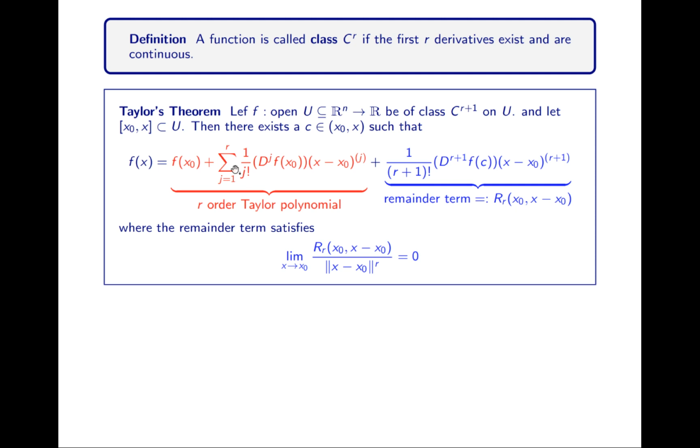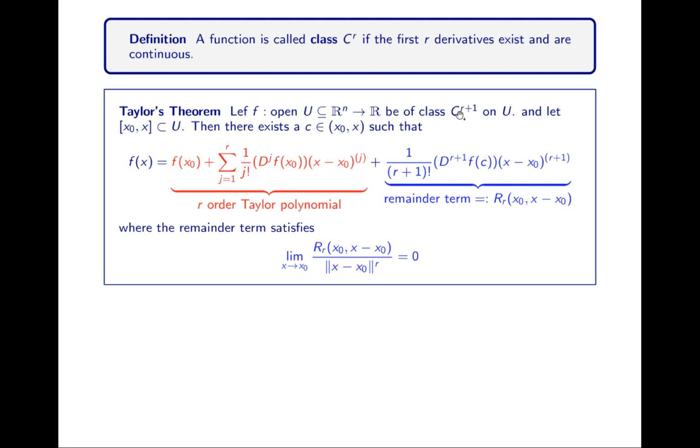plus the sum from j equals 1 to r of 1 over j factorial times the jth derivative of f at x naught applied to the j-tuple of the vector x minus x naught, plus my remainder term, right? And this is why I needed class C^(r+1), because my remainder term includes the (r+1)st derivative evaluated at some c in my convex combination interval.